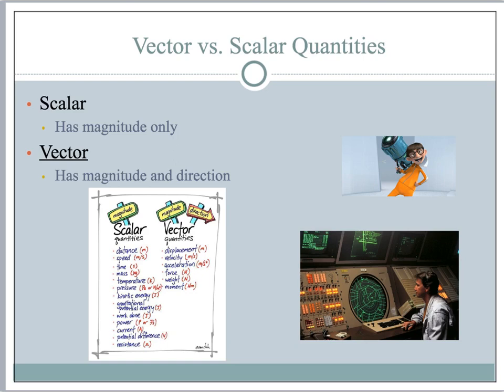So if I look down here at these different quantities for scalar, you would see distance, speed, time, all these can be written as measurements, but temperature, direction has nothing to do with them. They're just scalar. So if I said something is 30 meters away, or if I said something is 28 degrees Celsius, that would be enough information for us.